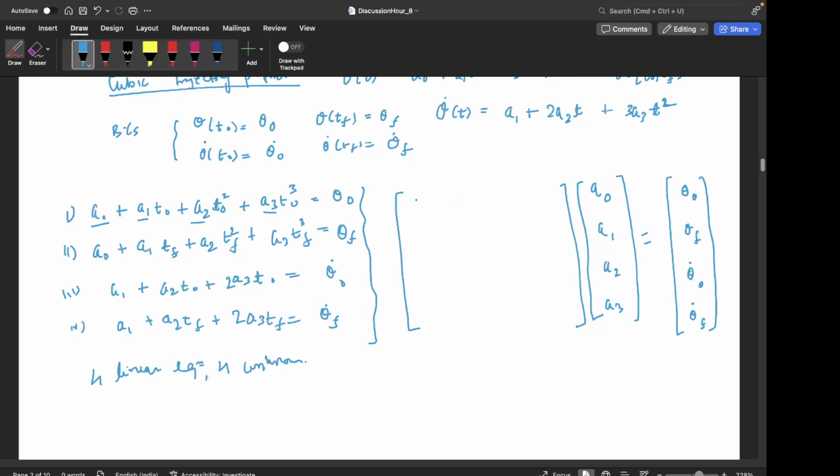So we can write the coefficients here. It will be 1, t0, t0 square, t0 cube.